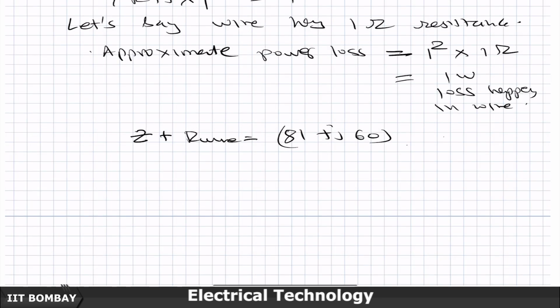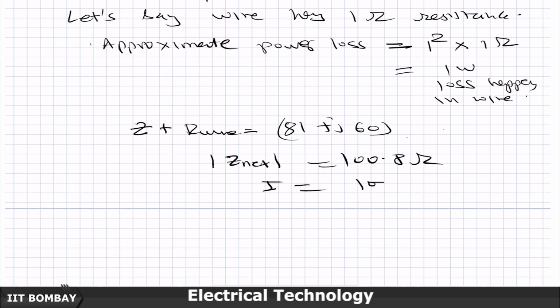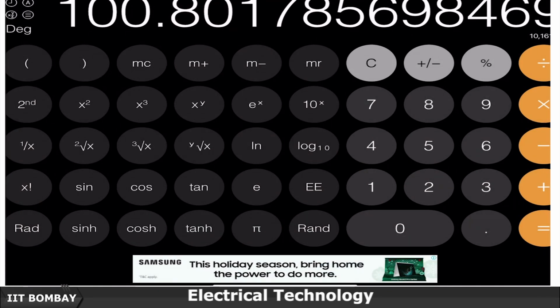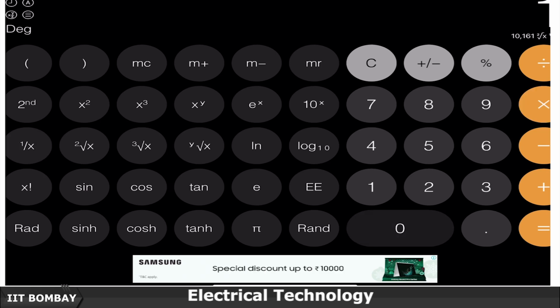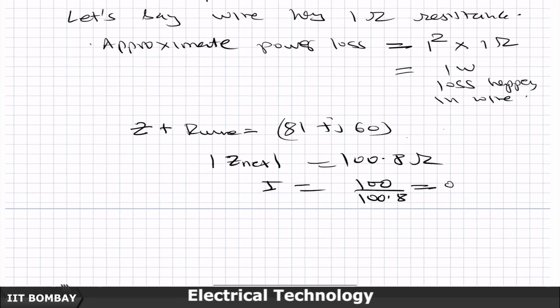So, this is mod of Z net, 100.8. Initially, instead of 100 by 100, the new current that it will draw from the supply is 100 by 100.8. So, let us do the reciprocal of this into 100, that is 0.992. So, it will draw 0.992.